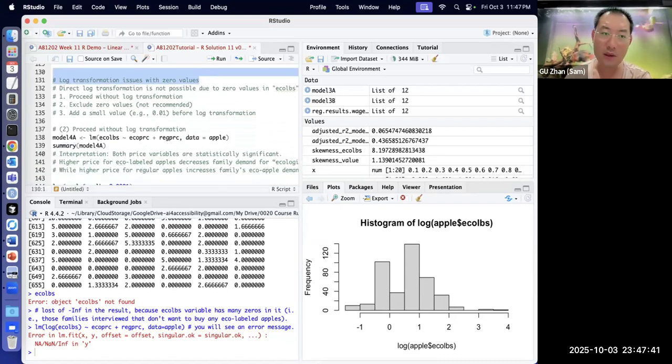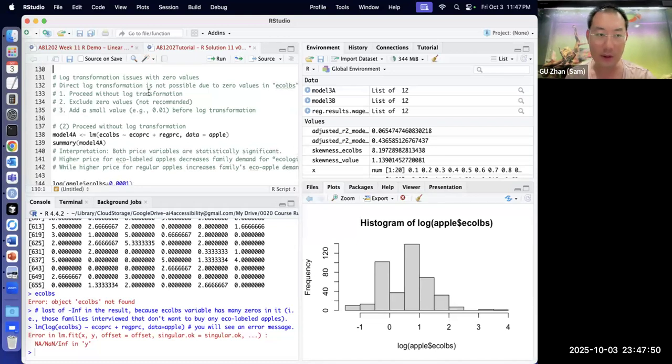A few ways to navigate this issue: first, proceed without log transformation, or exclude the zero values. This is not recommended, because the sample size gets smaller, and sometimes the sample size needs to match other sample sizes, so you can't easily exclude them.